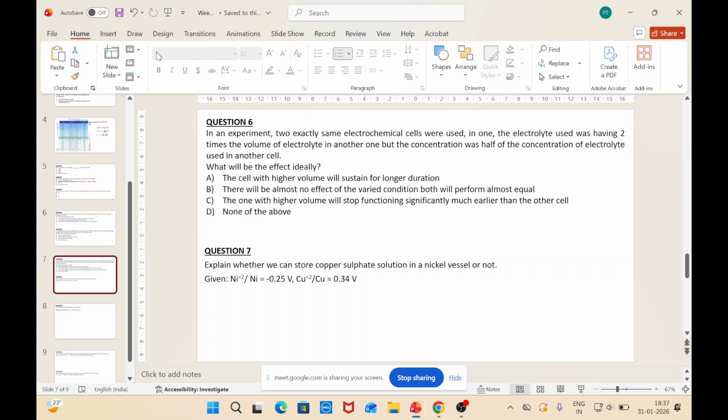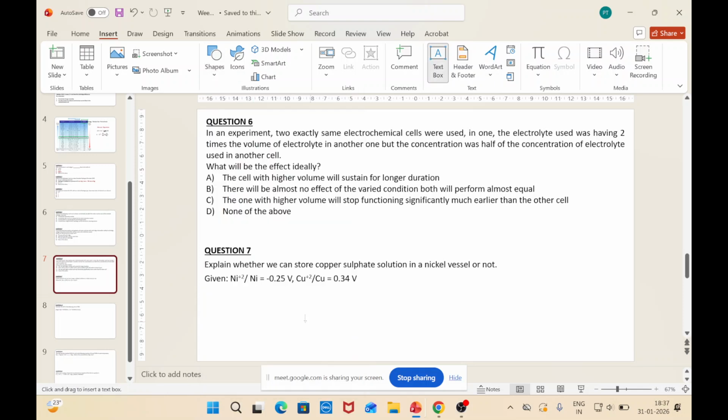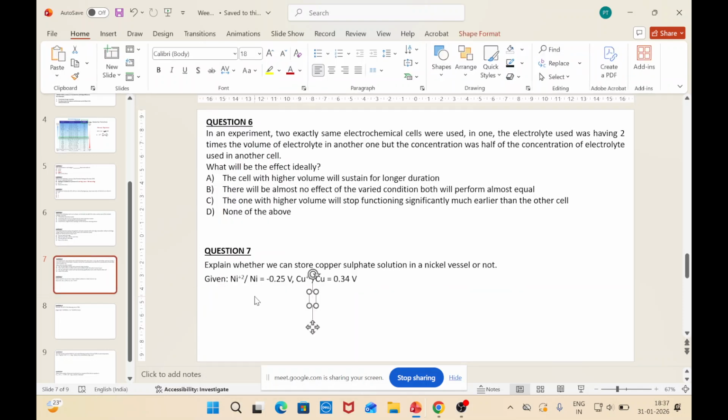Okay, let me give out the reaction first. Then you tell me whether this reaction is possible or not. It says, can you store copper sulfate solution in a nickel vessel? So it should be something like this.